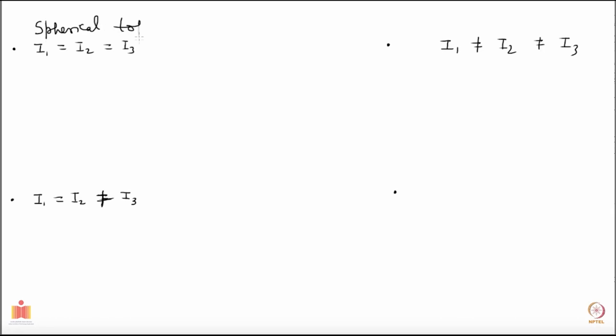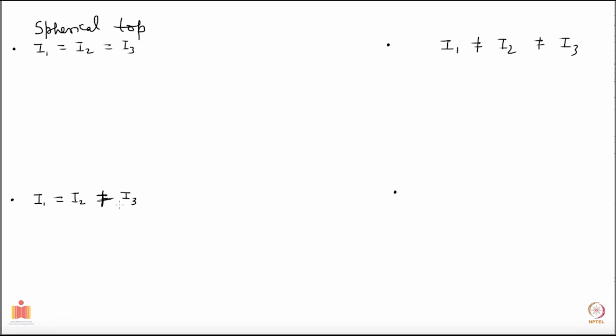This one, you should convince yourself, corresponds to a mass distribution which is symmetric about one axis. Okay, so for example, you think of the top with which you might have played in your childhood.